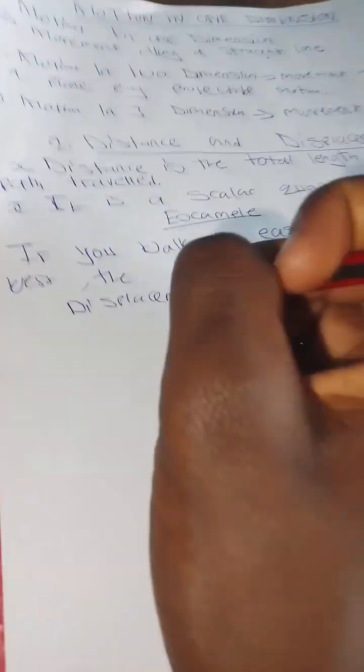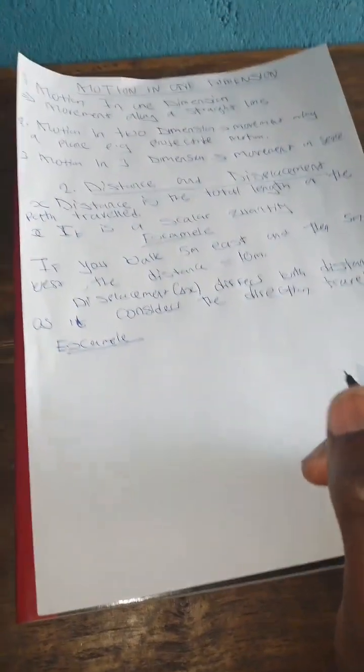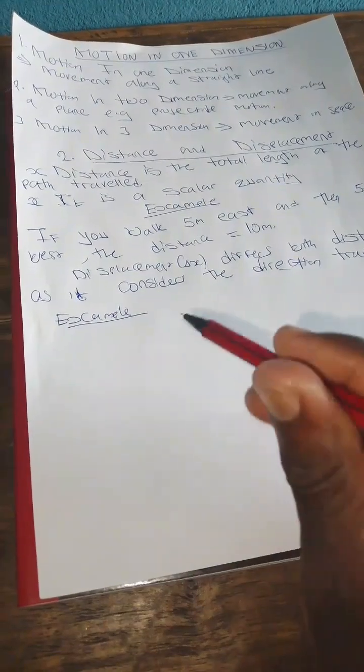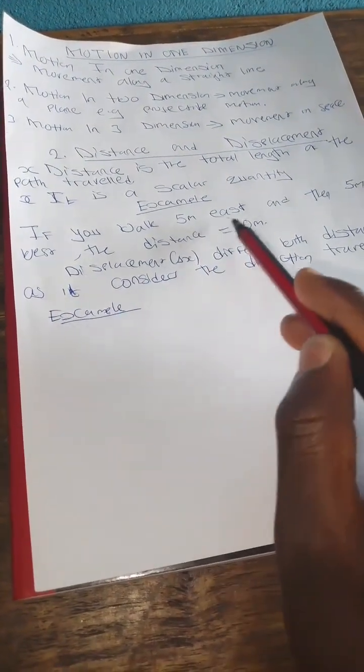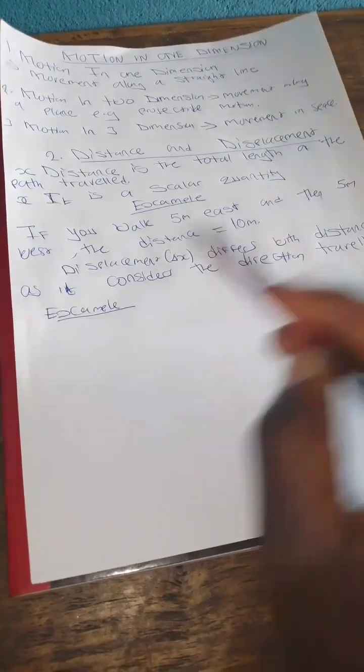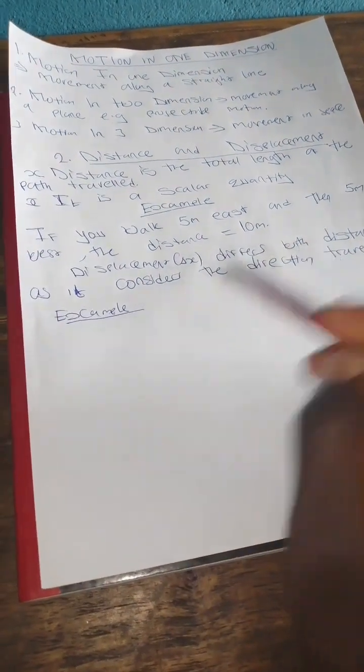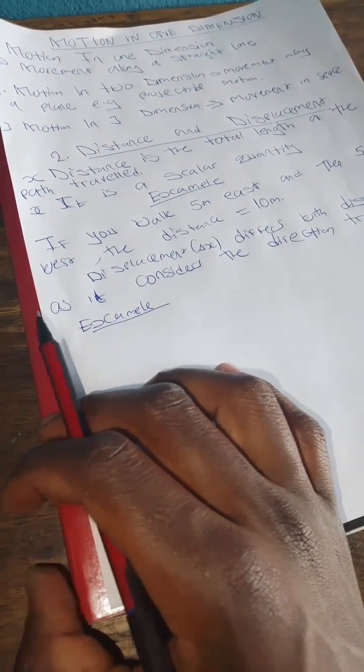We are going to give the same example we gave on the distance, where we said if we walk 5 meters east and then 5 meters west, the distance is equal to 10 meters. But for this one, the displacement is not going to be 10 meters.